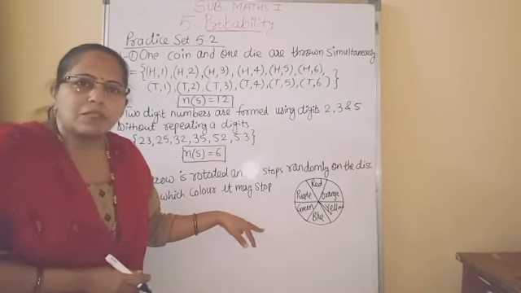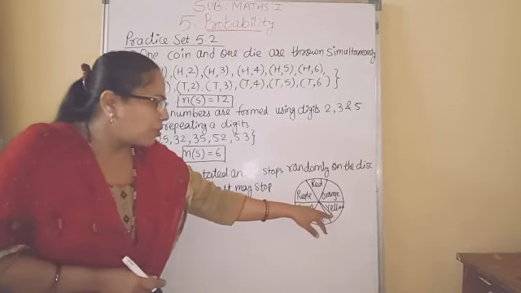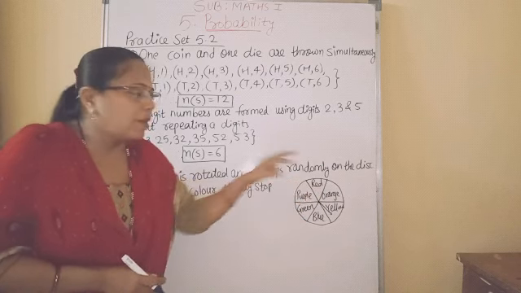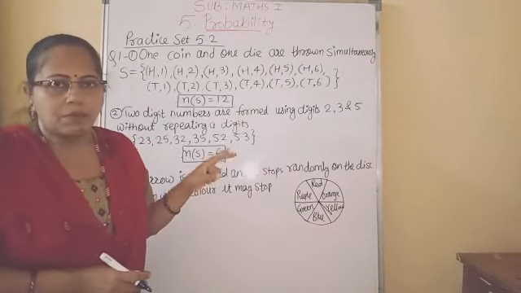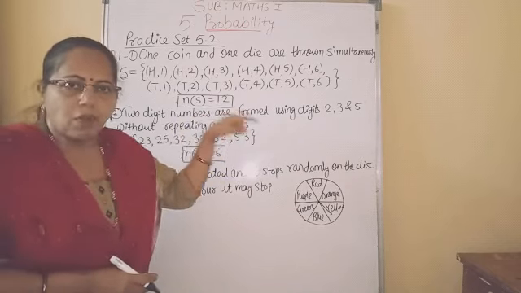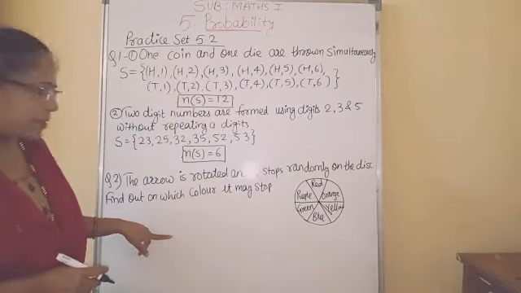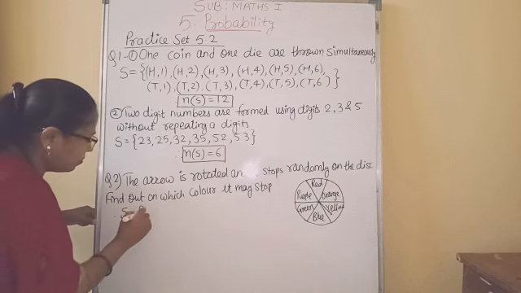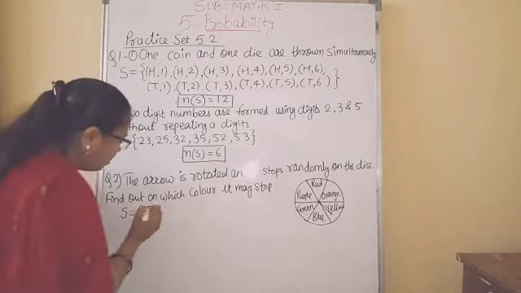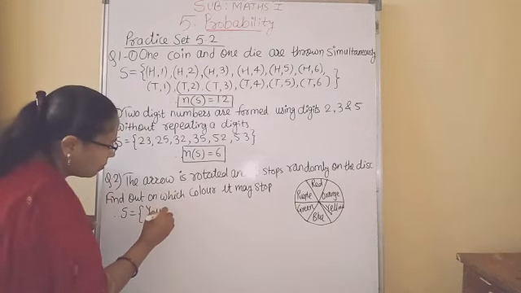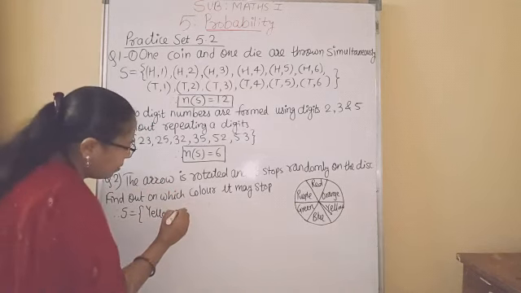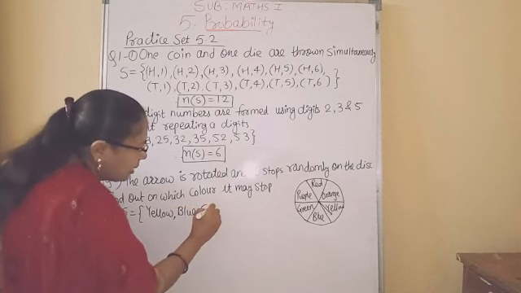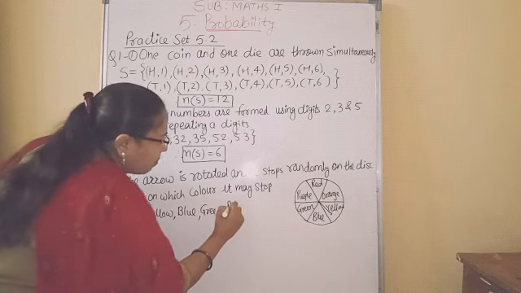So which are the possibilities here? Either it will stop on yellow or blue or green or purple or red or orange. We don't know on which color it will stop. So we have to think of all the possibilities, and all these possibilities we have to write in the sample space. So therefore S is equal to, we will start from yellow, then blue, then green, then purple.